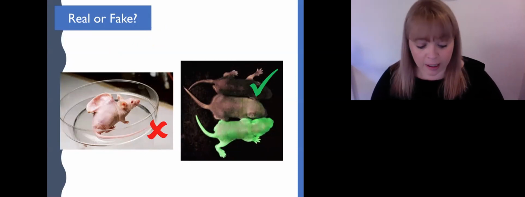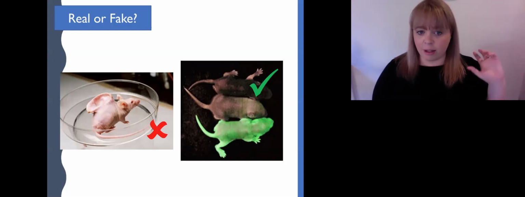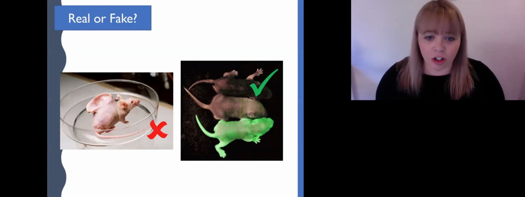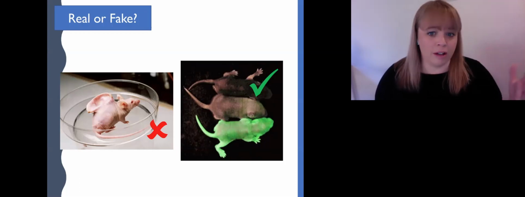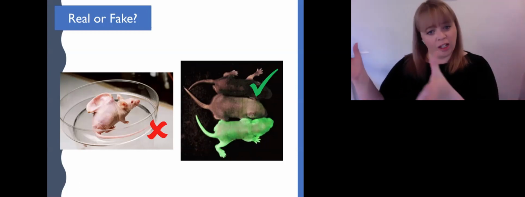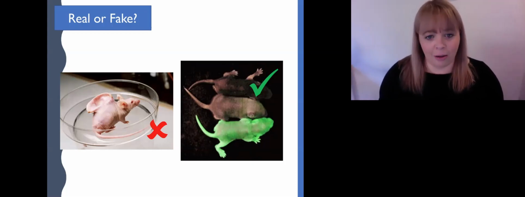Sorry, it's not a makeup artist. They did create the ear, but then they just transplanted it on the mouse so that it would have a blood supply. So it's not genetic engineering, it's just more of a lab process. Whereas a glow-in-the-dark mouse has been genetically engineered. They took a gene out of a jellyfish that makes it glow and then put it into a mouse and made it glow in the dark.